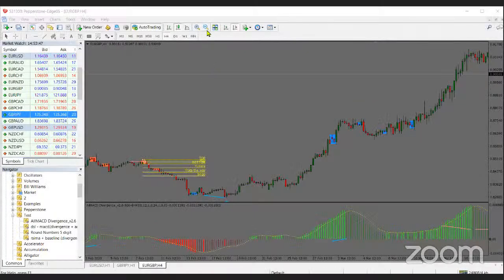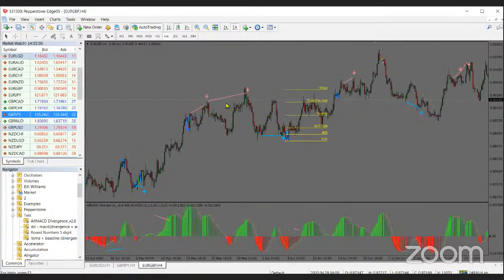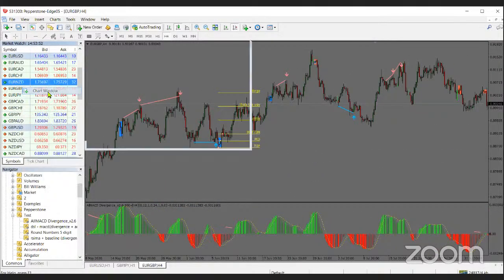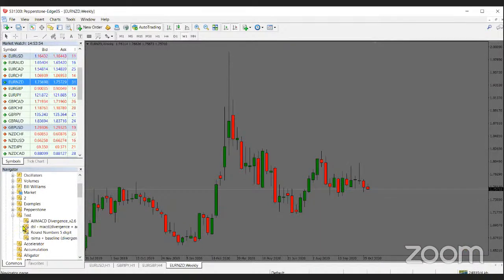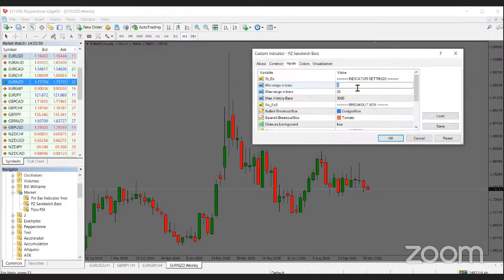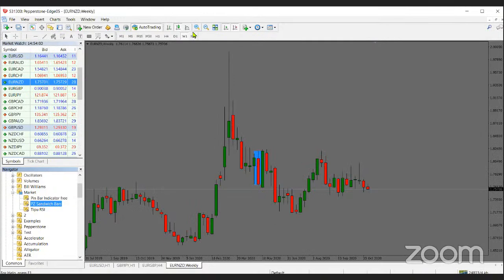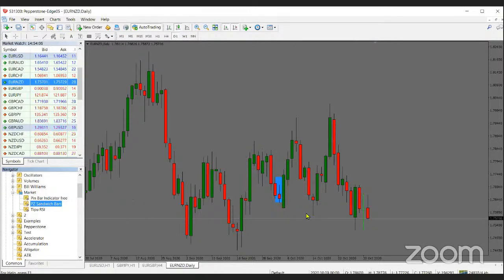For the sandwich bar, yes, it does work in all time frames. But let me show you how the sandwich bar works. The higher the time frame, the fewer signals you get. Daily, I suppose, is what you're asking.